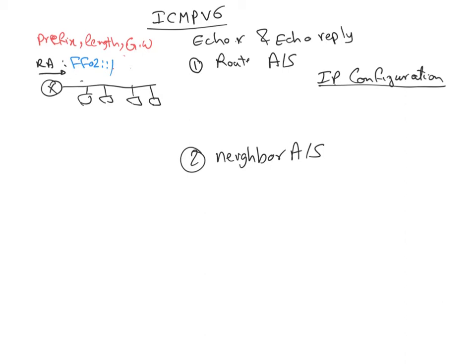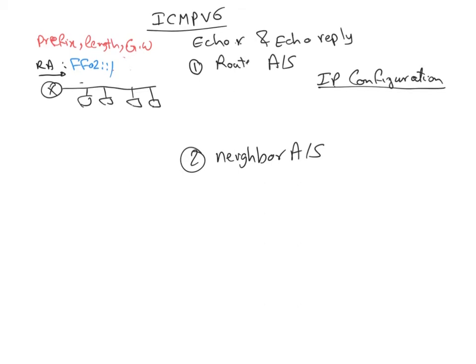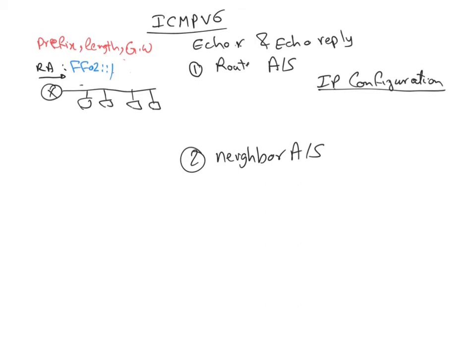Or the host may send a router solicitation message to trigger the router advertisement off cycle. So the router advertisement is sent periodically, or if it's solicited, or triggered by one of the hosts.